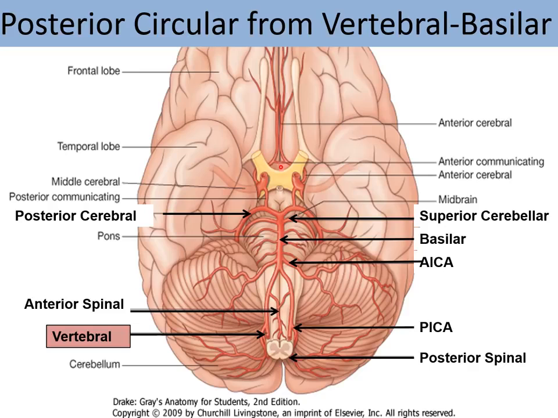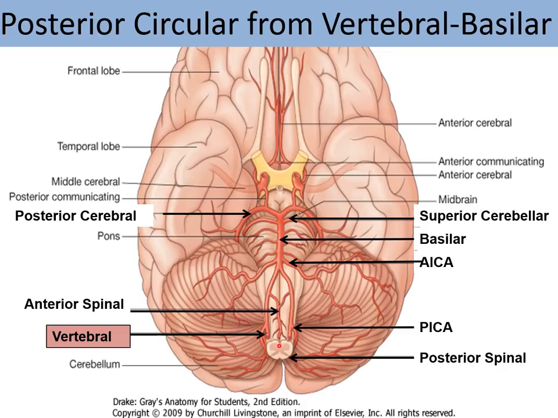If we look at the posterior circulation, it starts back here with the two vertebral arteries coming together to form the basilar artery, this big fat basilar artery. Coming off of the vertebral arteries, we can see a couple of arteries.